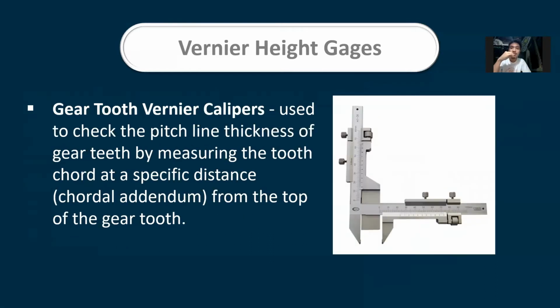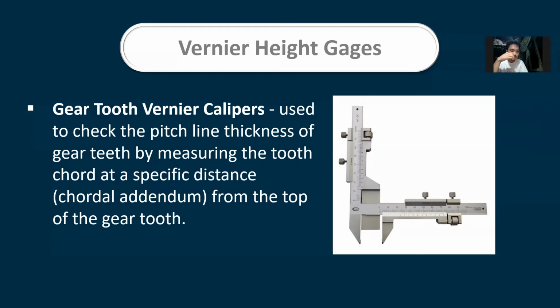The gear tooth vernier calipers. So basically, it is used to check the pitch line thickness of gear teeth by measuring the tooth cord at a specific distance from the top of the gear tooth. So ito naman, meron siyang dalawang purpose. Kasi makikita sa picture, meron siyang horizontal at vertical na vernier din.